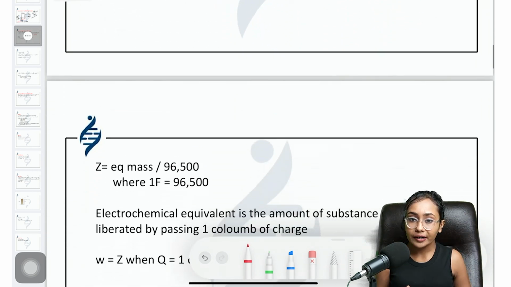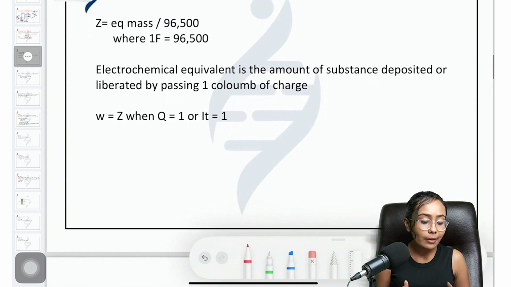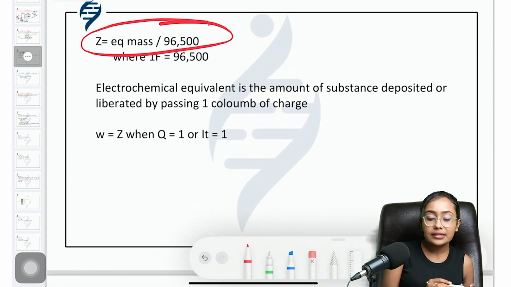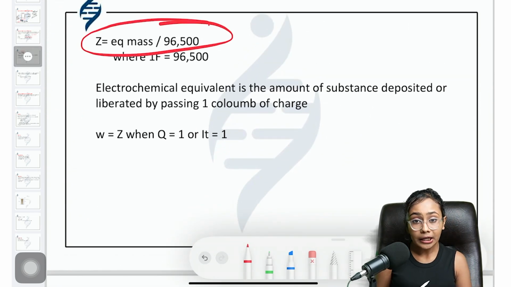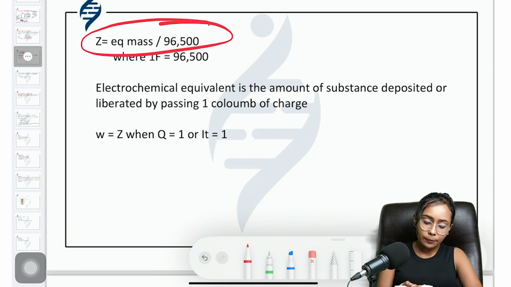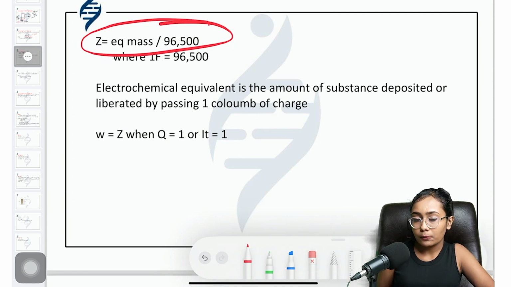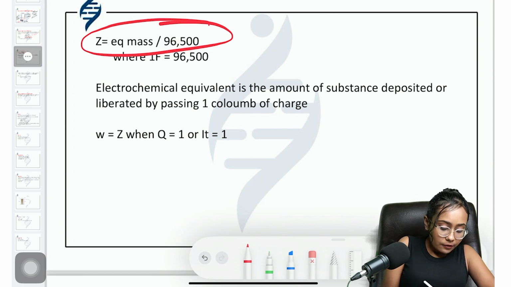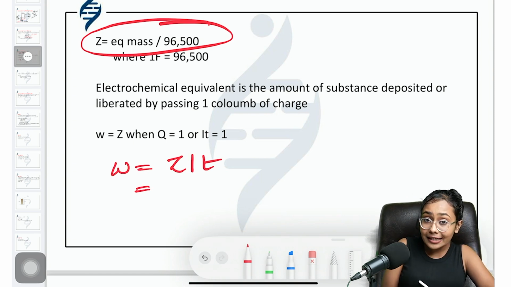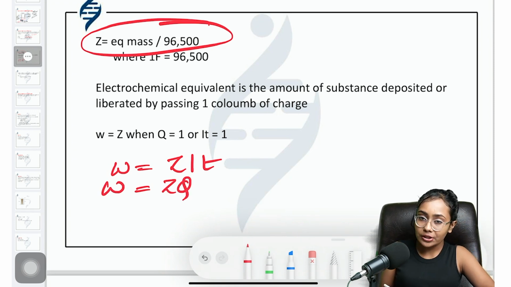There is an equation to find the electrochemical equivalent: equivalent mass divided by 1 Faraday, 96500. So we know that the electrochemical equivalent is a proportionality constant. I'm asking you a question: what is the electrochemical equivalent? How are you going to define it? We know the equation W equal to ZIT. Let us simplify it to W equal to ZQ, where Q is the charge, similar to I into T, current into time.